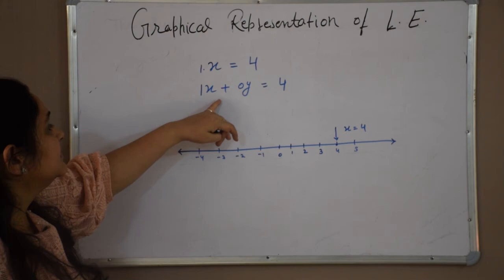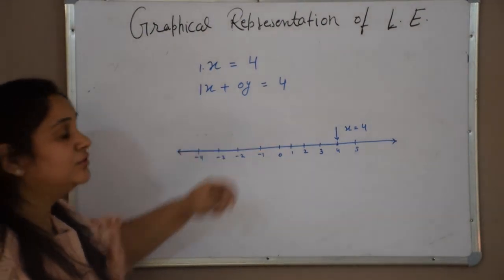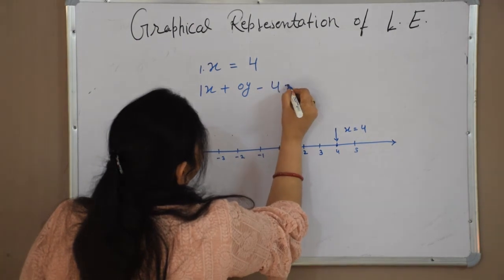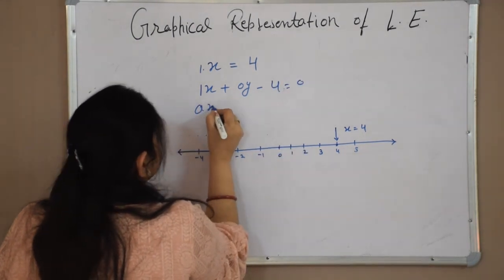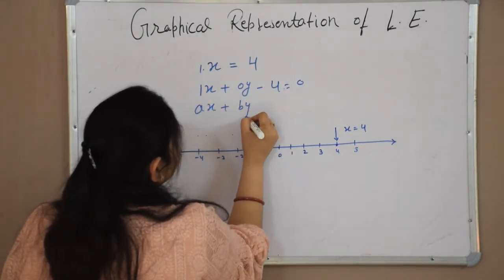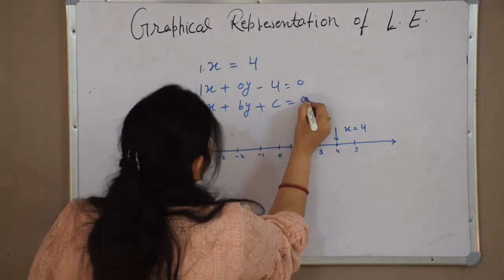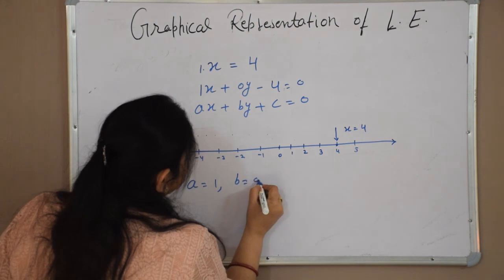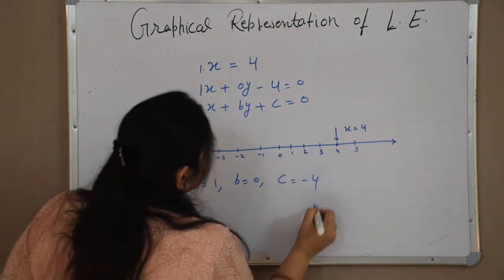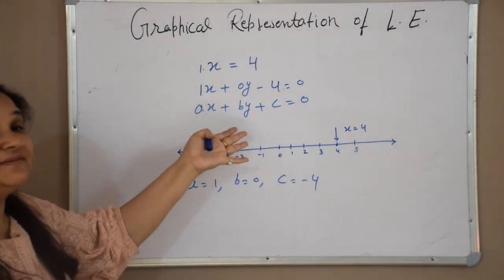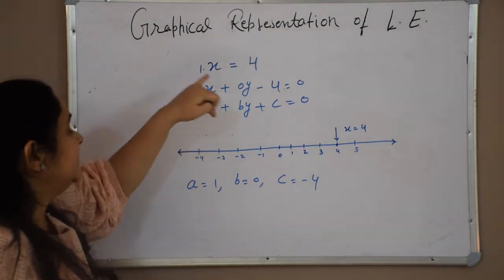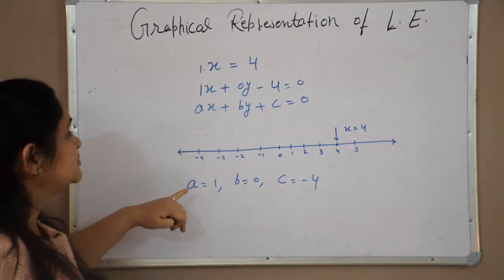So 1x plus 0y is equal to 4, so 1x plus 0y minus 4 equals 0. By comparing it with the standard linear equation in 2 variables, ax plus by plus c is equal to 0, here we see a is equal to 1, b is equal to 0, and c is equal to minus 4. Therefore it is a linear equation in 2 variables, and we can convert any single variable equation into 2 variables.